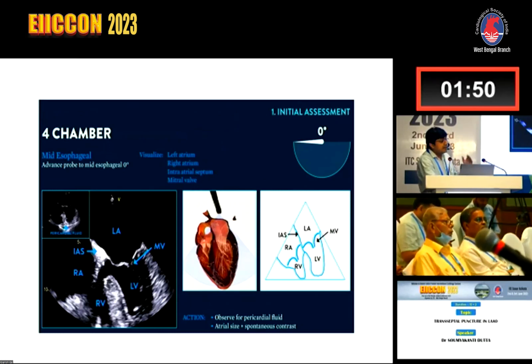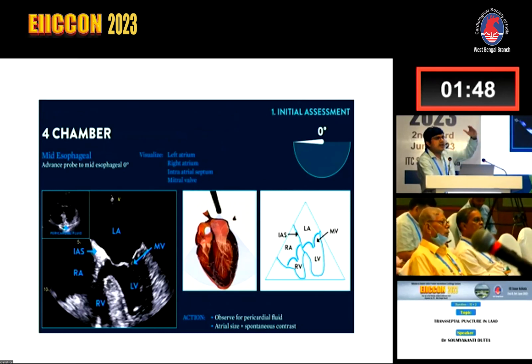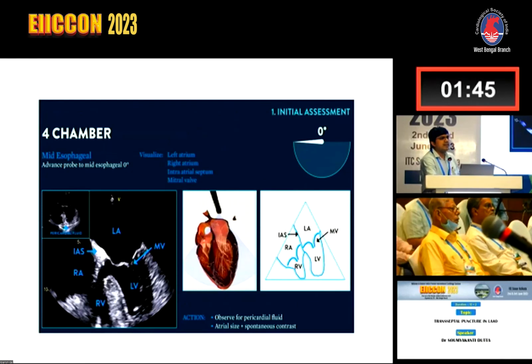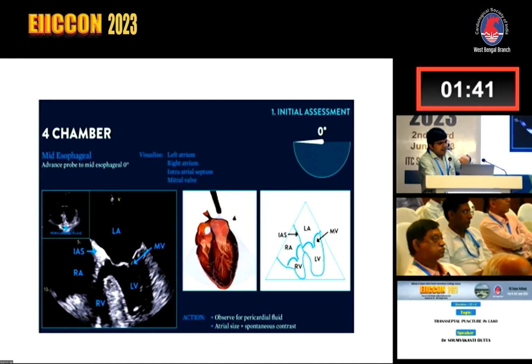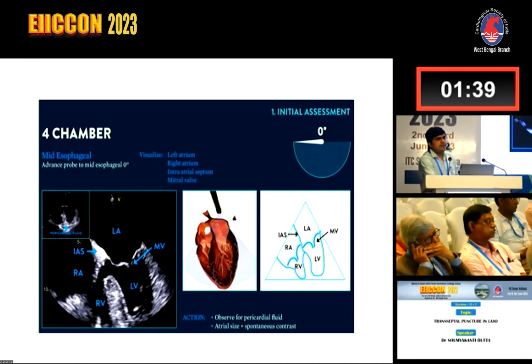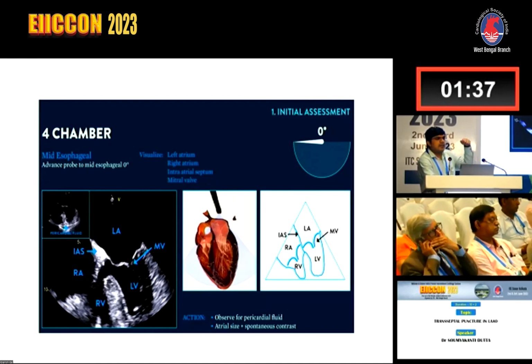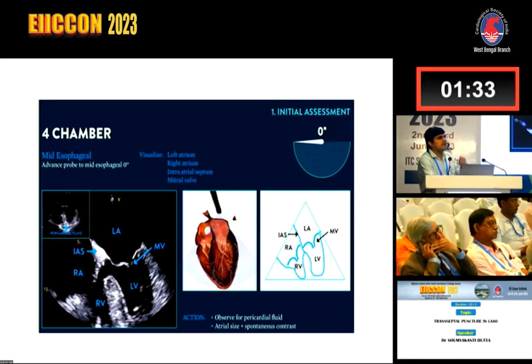If I go higher, then I may be able to reach with the wire, but the sheath will be kinked. And when I push the device, be it a Watchman, be it an Amplatzer, it may be impinged into the lobe, and it may not be retracted again. So this kind of situation may not close the left atrial appendage properly.